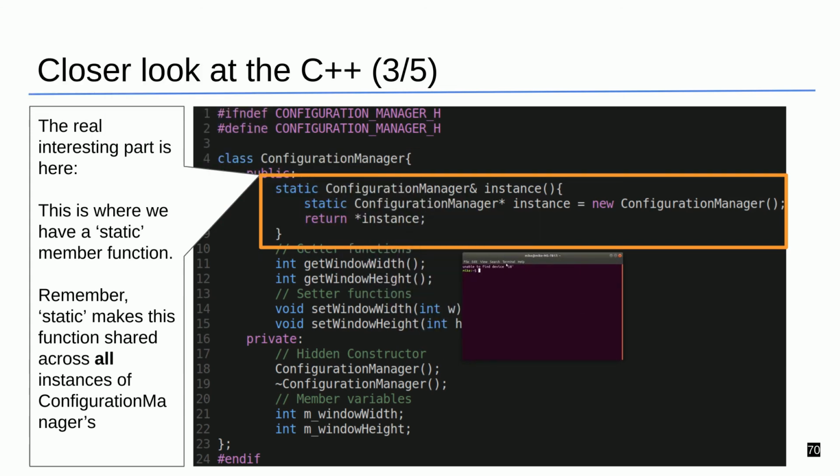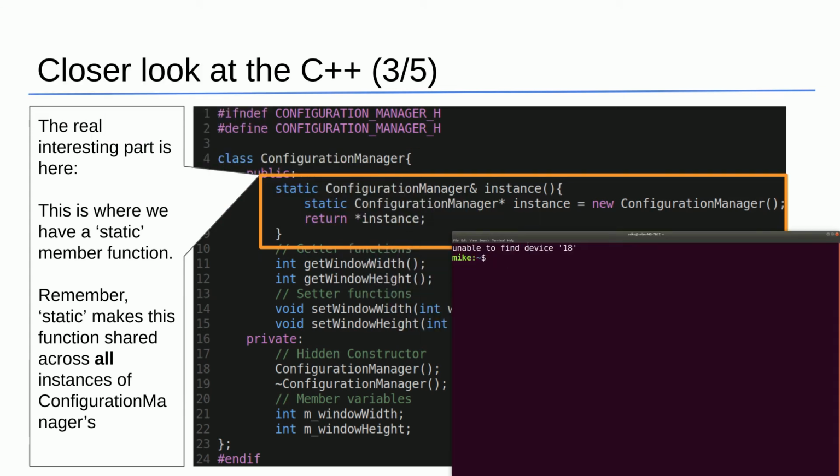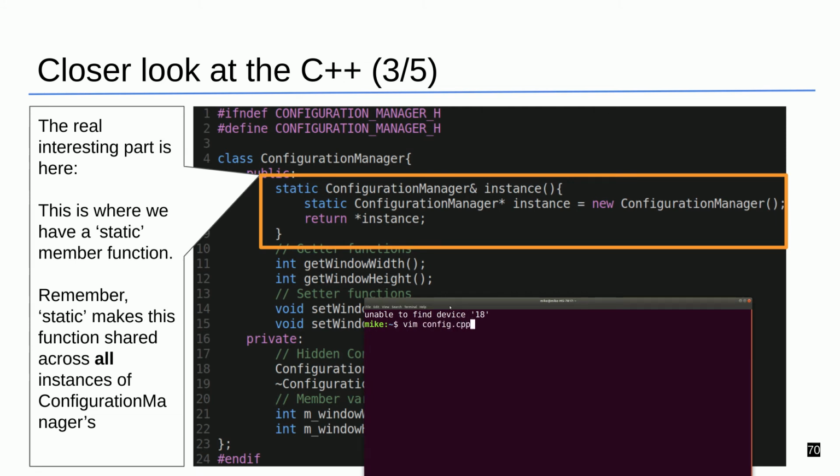Now C++ does something a little bit weird here. Let me show you the equivalent code. I just want to show you that this bit here I could rewrite in another way in C++. Static ConfigurationManager instance equals new ConfigurationManager, and then return the instance. And just for clarity, this instance here is different from how this is named: this is a member variable, this is a member function name.